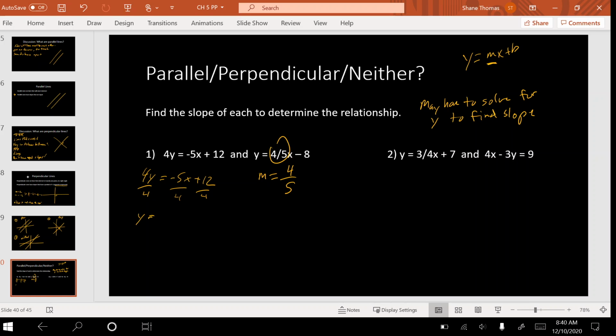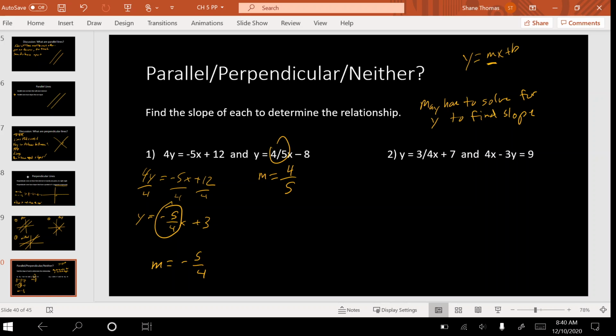So y equals negative 5/4 x plus 3. Now that's in slope-intercept form because y is by itself. What's my slope? Negative 5/4. So the slope of the first line is negative 5/4.